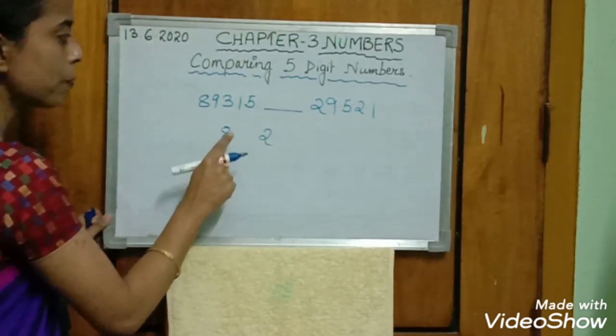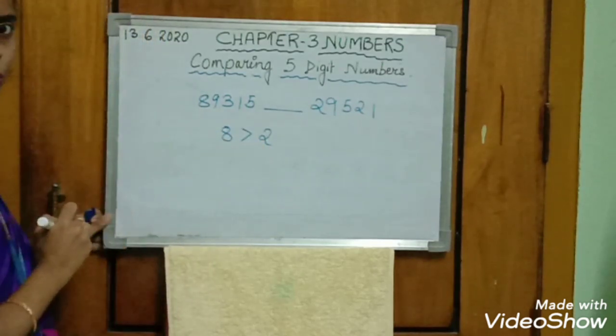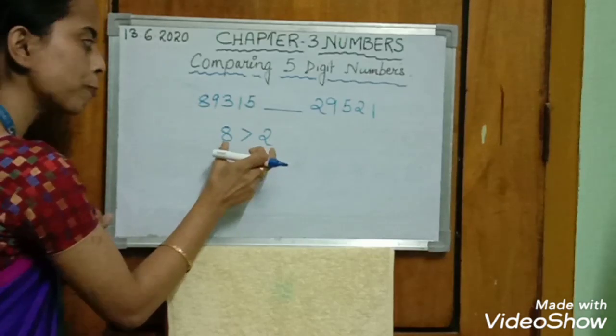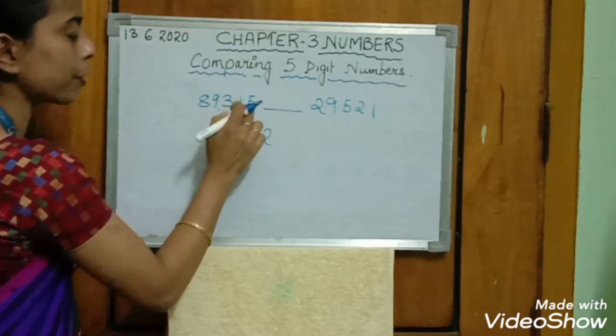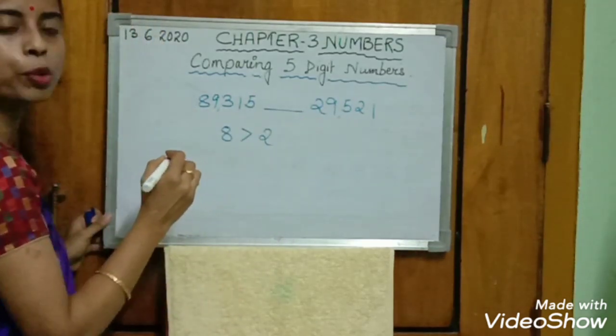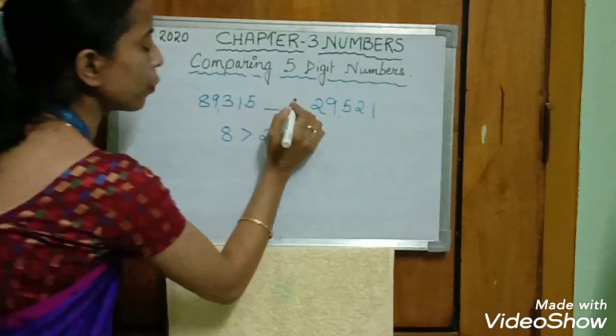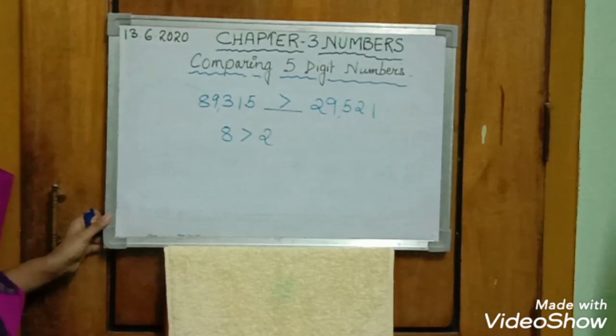So here you can see 8 is greater than 2. So by seeing the first digit only, we can easily say 89,315 is greater than 29,521.